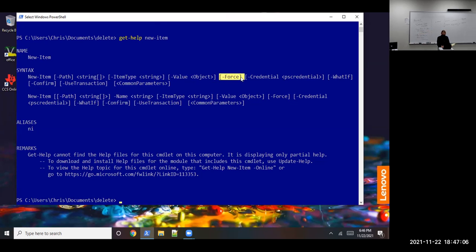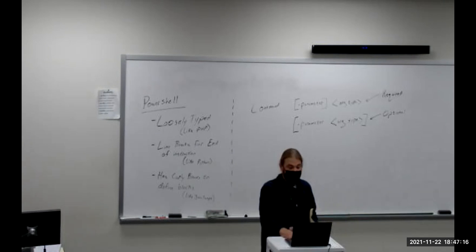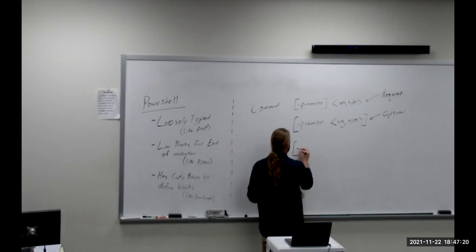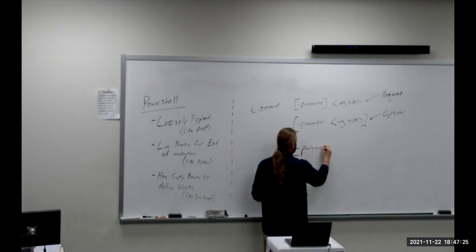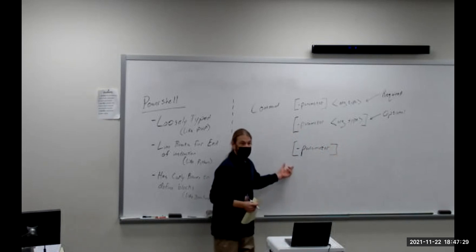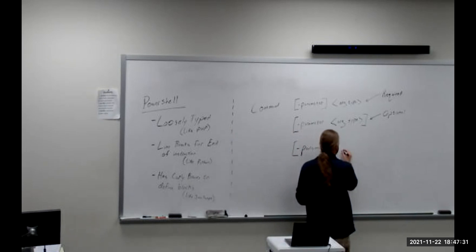This one looks different though. We have a parameter in square brackets, but the very next thing is another parameter. When we have that, those are the Booleans. So if we just have the square brackets listing what parameter we want to work with, that is a Boolean.